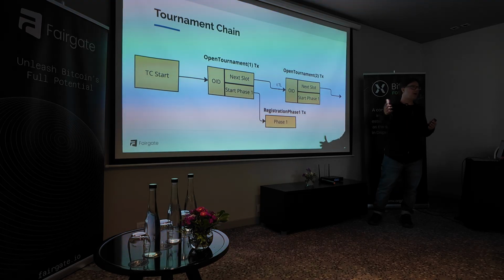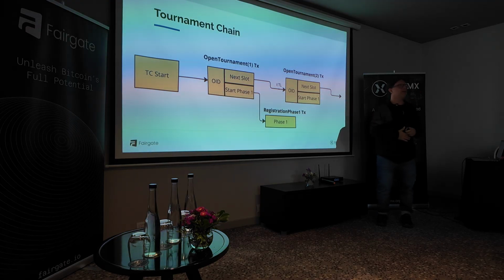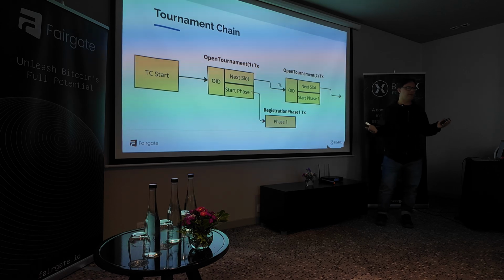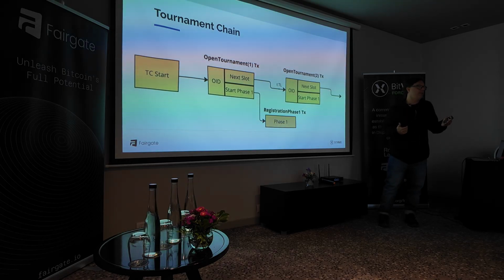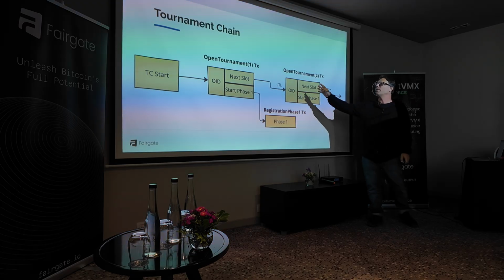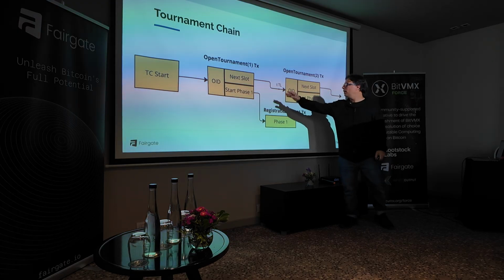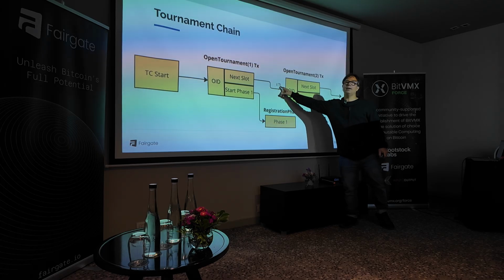Let's say you have 10,000 pegouts of a certain 10,000 UTXOs of a certain chain, and then for each one of these pegouts, you can have all the operators claiming something. So you don't want that to happen, multiplying the number of UTXOs by the number of operators. So you basically rate limit them. So you create this tournament chain, which allows you to do one tournament every certain time.